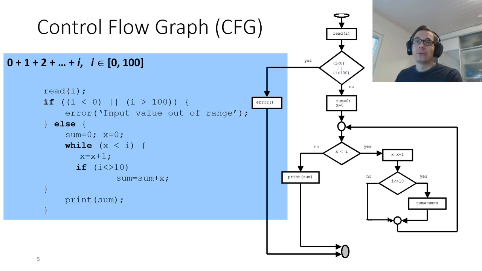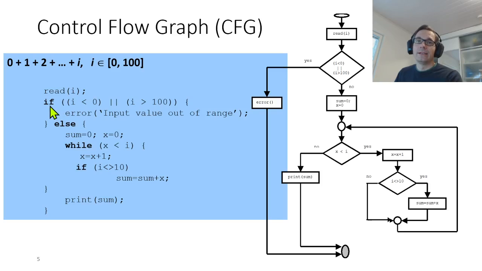Now let's introduce a concept of control flow graph that will help in understanding the different coverage measures. If we look into the first line of the program, we see that it reads the input value I. This corresponds to this first box here on the figure.